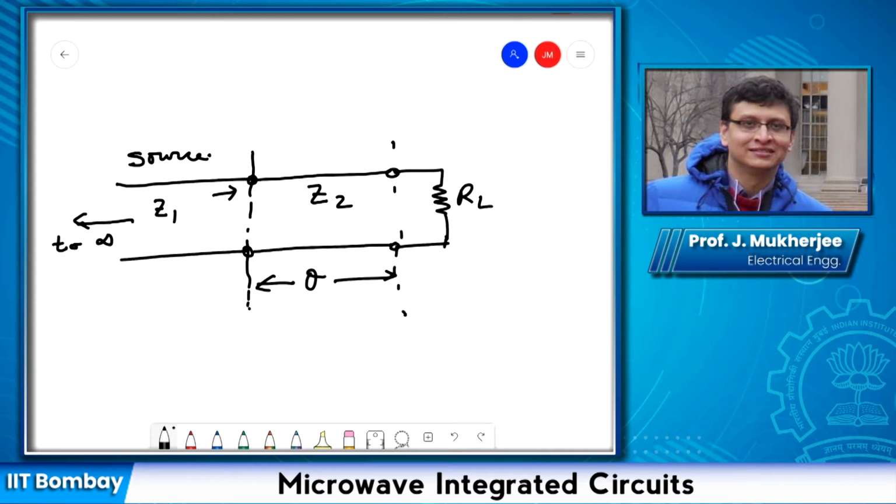So at this junction, the incident wave is V1 plus. When I say at this end, it means this V1 plus is a part of this transmission line. Similarly, the reflected wave at this junction is V1 minus.